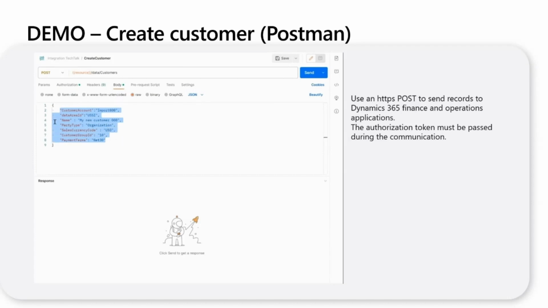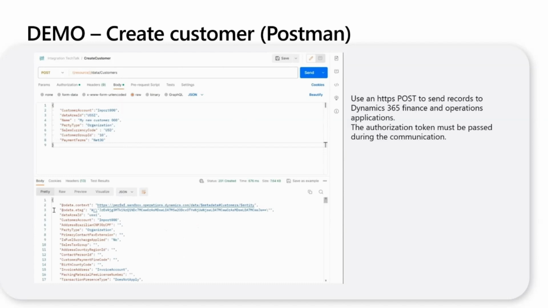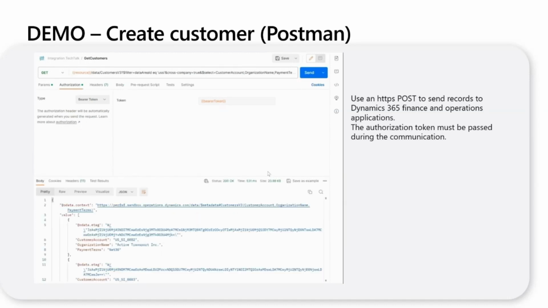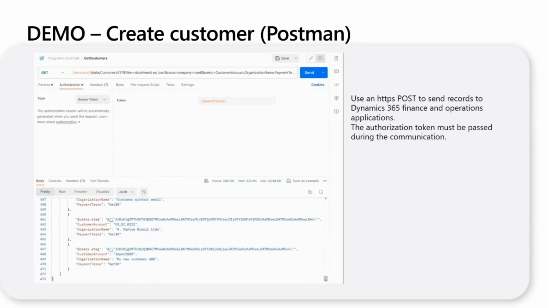After that, we post the request, and Dynamics will respond with an entire record payload back, with all the information. We can double check this by running the previous GET command again, and we will see that in the response, the last record is indeed the record that we just created.